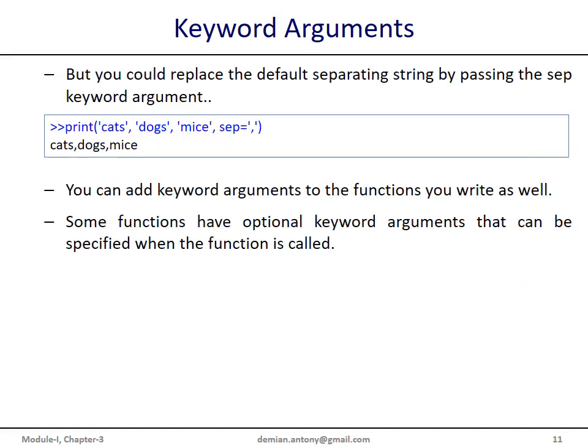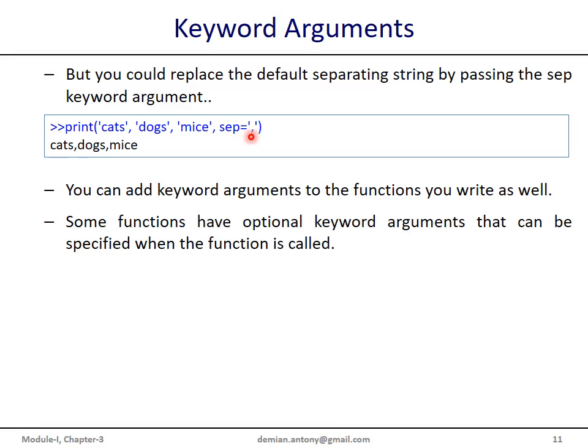The default behavior of adding a single space between multiple string values can be changed with the keyword argument called sep, separator. Here, to separate these three strings, we use a comma. The default behavior is a space. We can override the default behavior with the separator character.